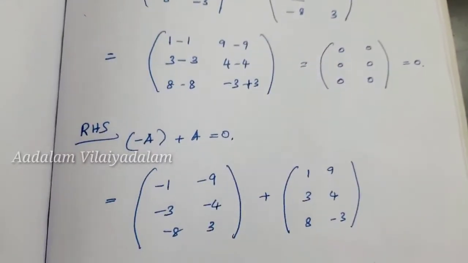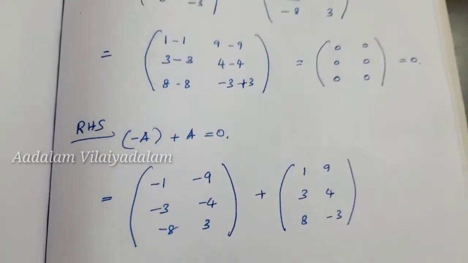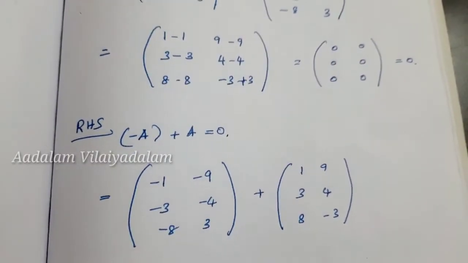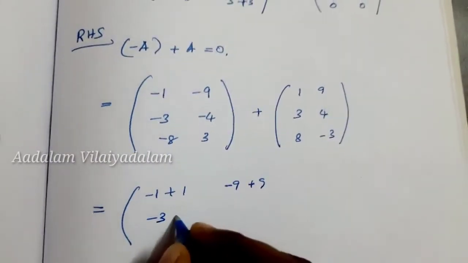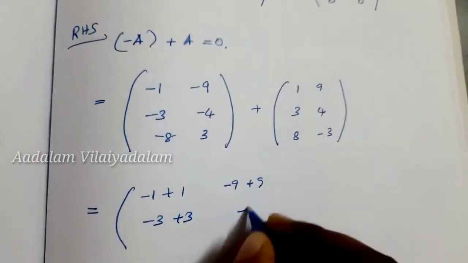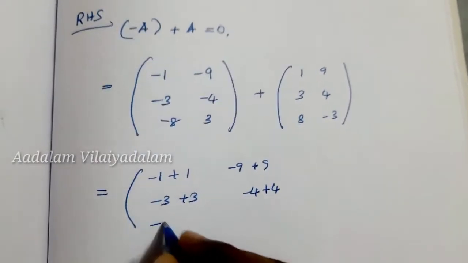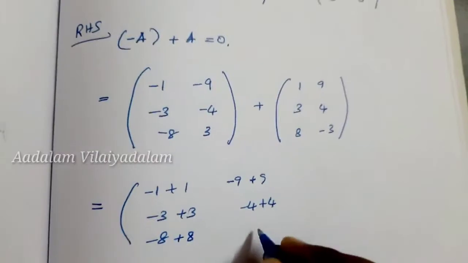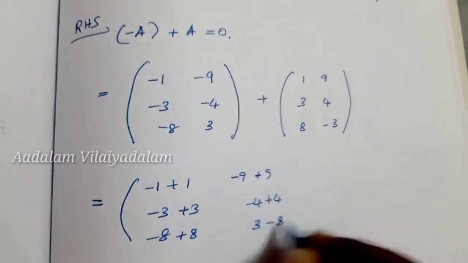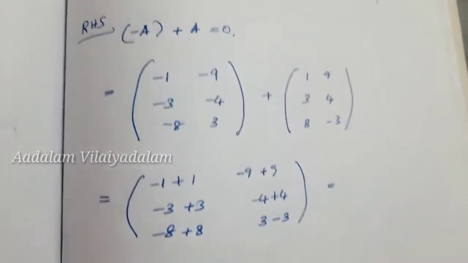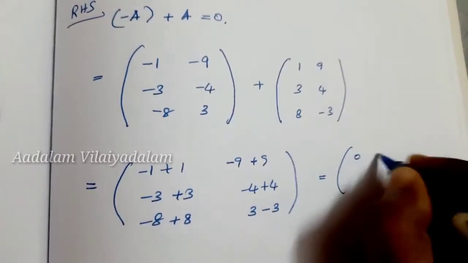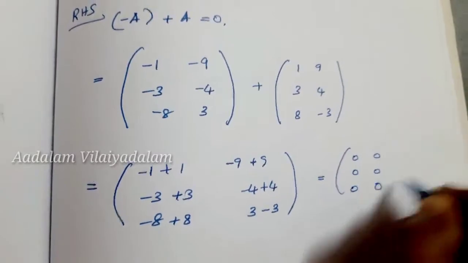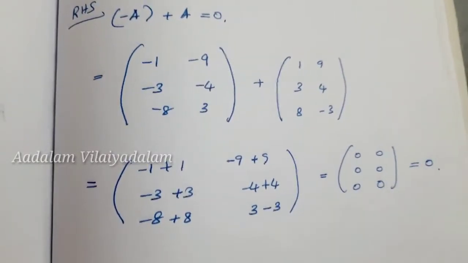So addition of these two matrices we get minus 1 plus 1, minus 9 plus 9, minus 3 plus 3, minus 4 plus 4, minus 8 plus 8 and 3 minus 3. Simplifying these values we get 0, 0, 0, 0, 0, 0. Finally we get 0.